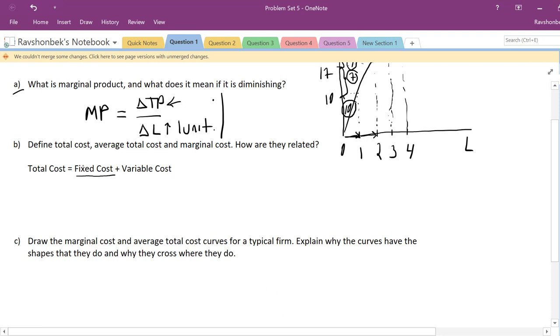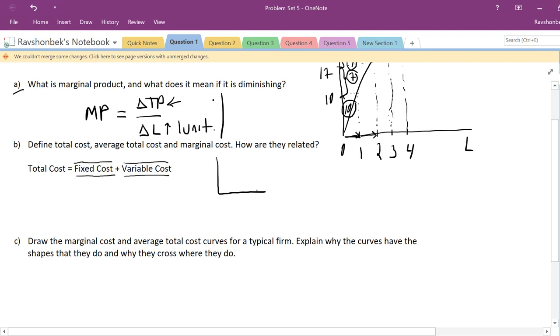Fixed costs are usually called period costs, as they change over time rather than as the output changes, while variable costs change with output. The more you produce, the higher the variable costs will be. But fixed costs are independent of output. Regardless of how many units you produce, fixed costs are fixed.